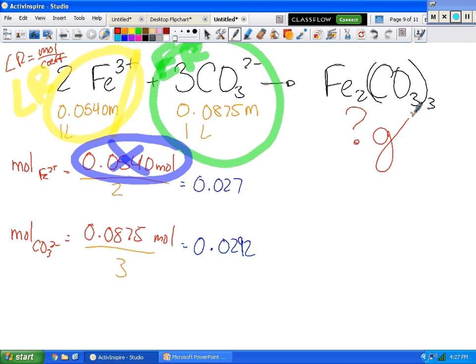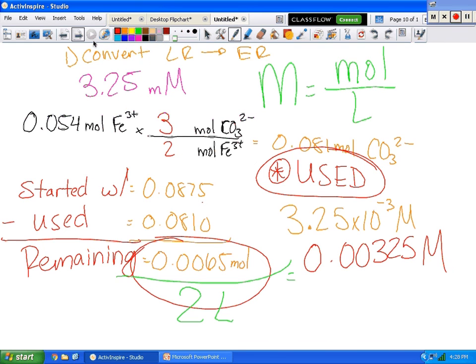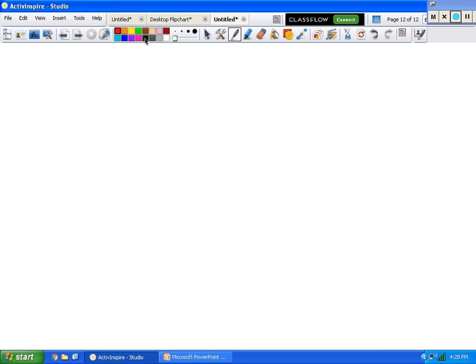So, starting here. So I've got 0.054 moles of iron 3. So I'm going from moles of iron 3 to moles of solid.